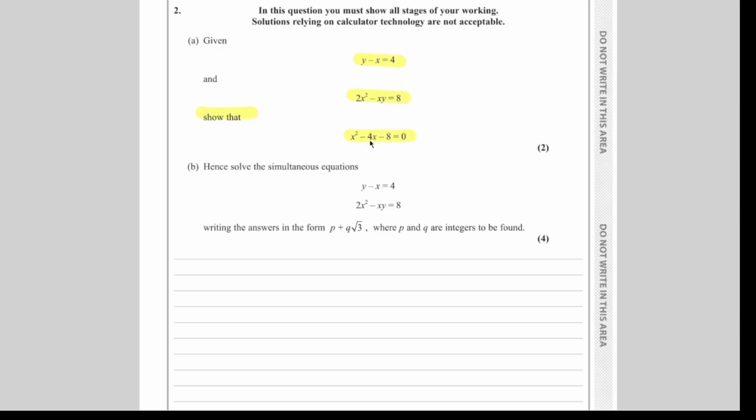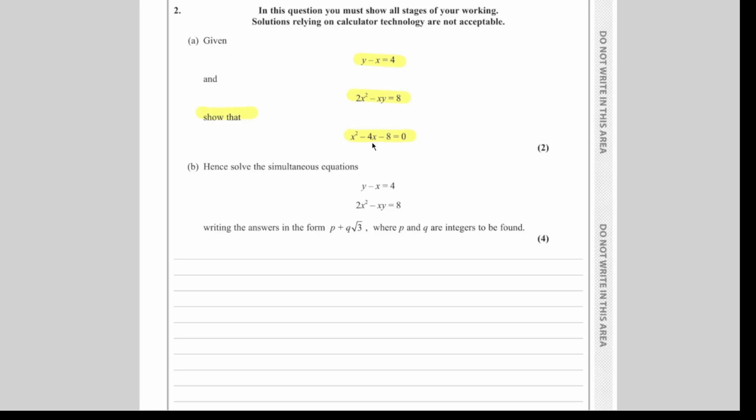In the equation I have to show, there is no y term. It means I need to eliminate y.